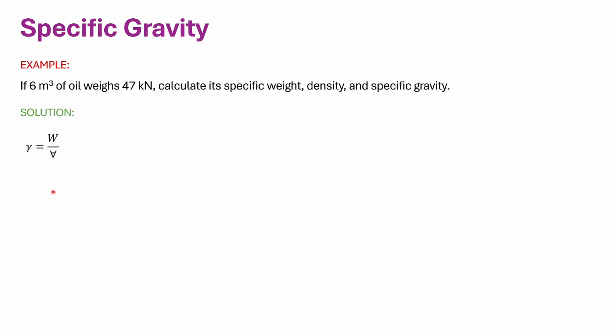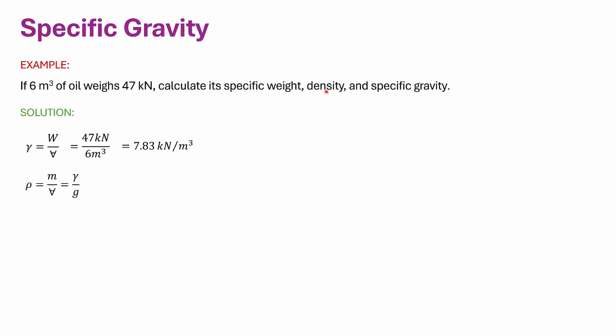So, we know that gamma, which is the specific weight, is W divided by V. If we plug in numbers here, since we know the weight is 47 kilonewtons and we know the volume, 6 meters cubed, we get gamma equals 7.83 kilonewtons per meter cubed. So this is the specific weight that we just found.